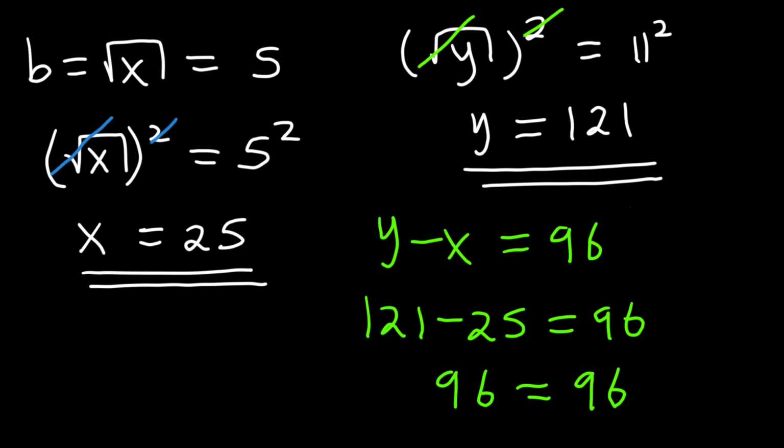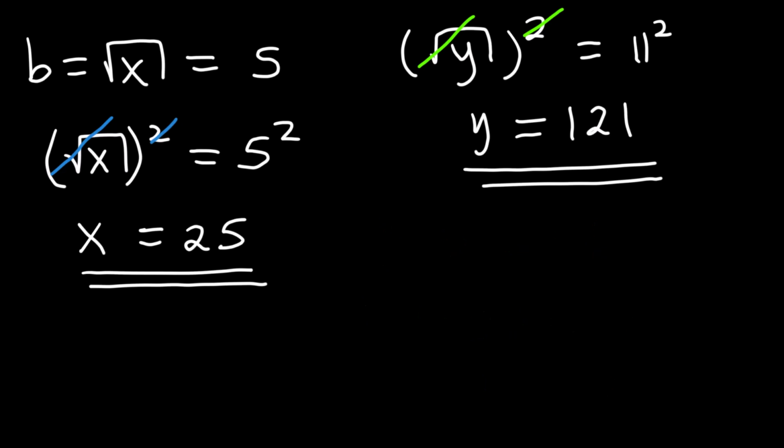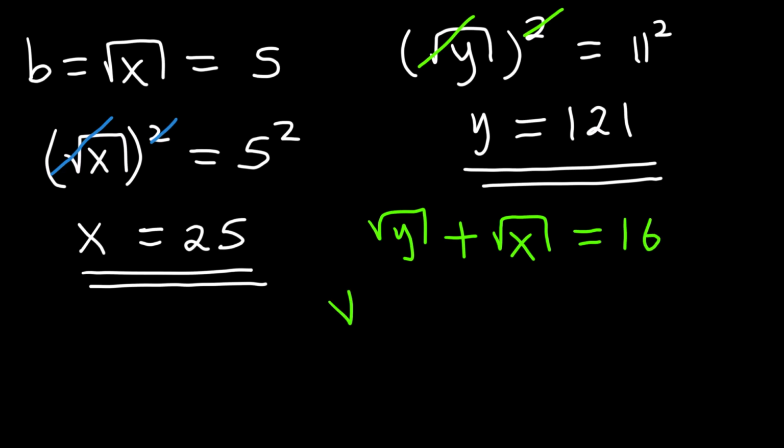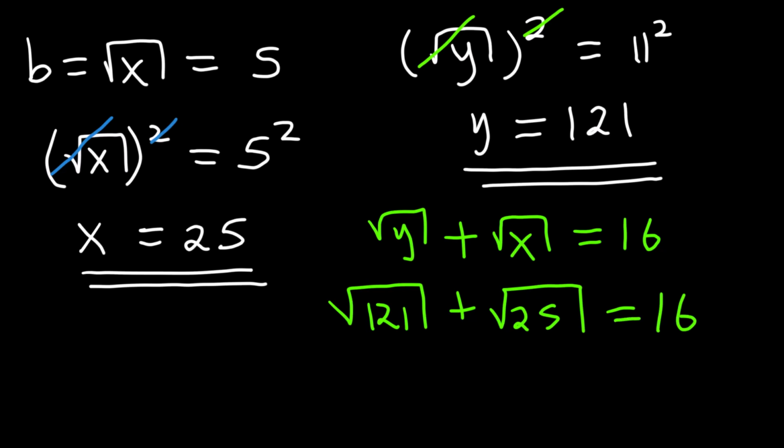Now let's see the second equation. The second equation was the square root of y plus the square root of x equaling 16. So this will be the square root of 121 plus the square root of 25 equaling 16. Now 121 is the same as 11 to the power of 2, and then 25 is the same as 5 to the power of 2.